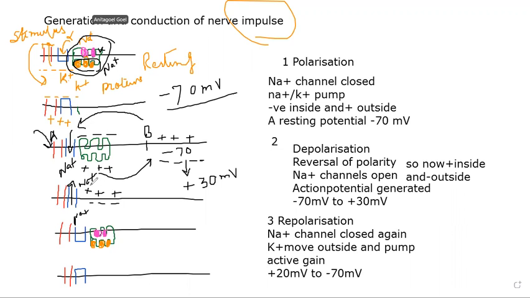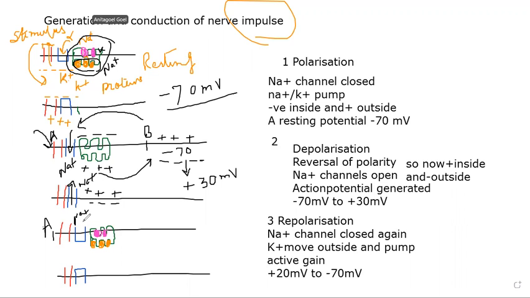So now this action potential gets transferred from point A to point B. Now when this gets transferred from A to B, what is going to happen at the point A? Let us see what is going to happen at this point now that it has been transmitted to the next part. Again you notice that the channels for sodium ions get closed.